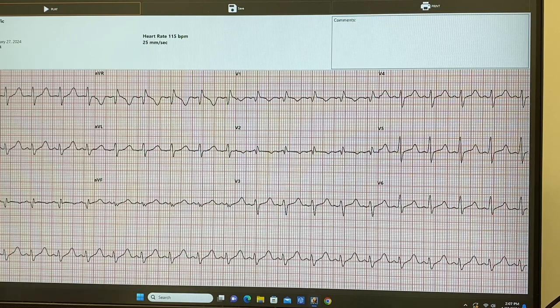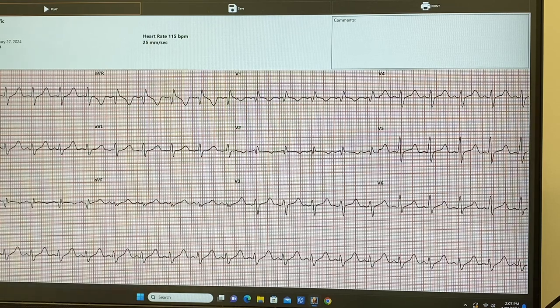Okay, here we go. 1, 2, 3, 4, 5, 6, 7, 8. No, I'm sorry, the big squares. 5, 10, 15. Do you hit 15? 5, 10, 11, 12.